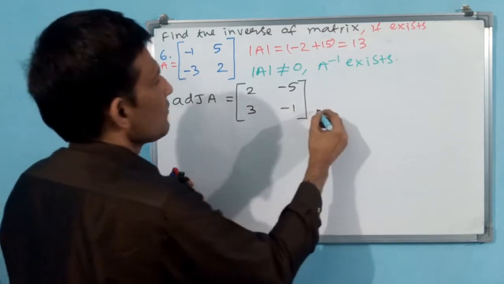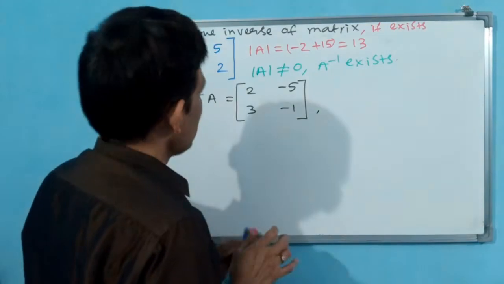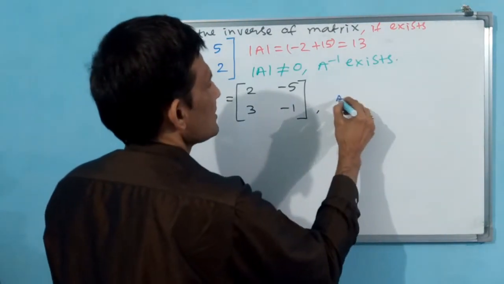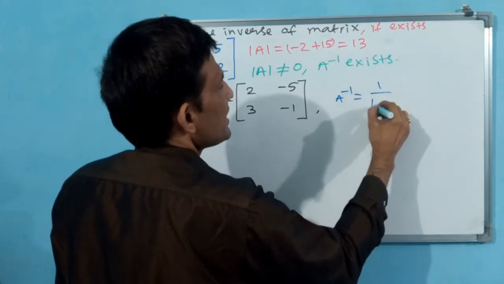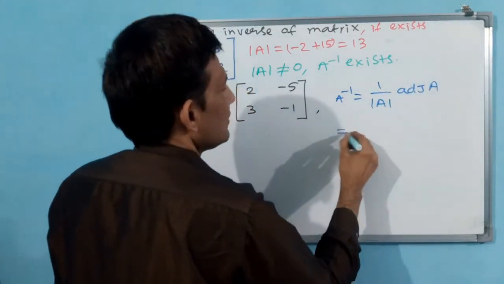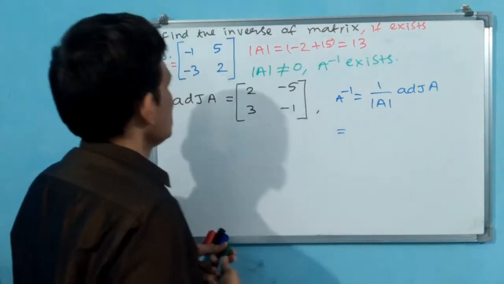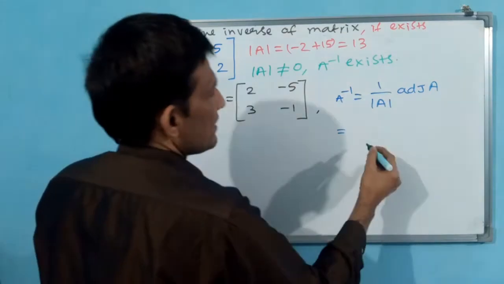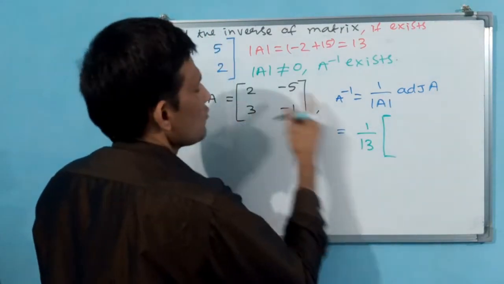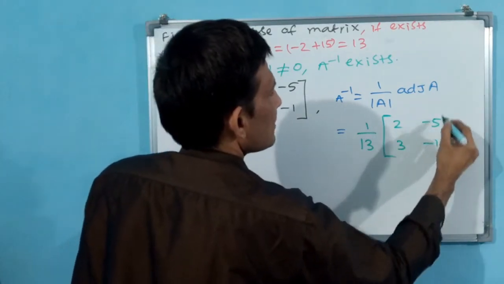Then you go for the inverse. A inverse is equal to 1 by determinant A into adjoint A. That is equal to 1 by 13 into adjoint, 2, minus 5, 3, minus 1.